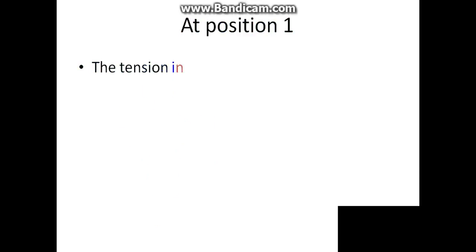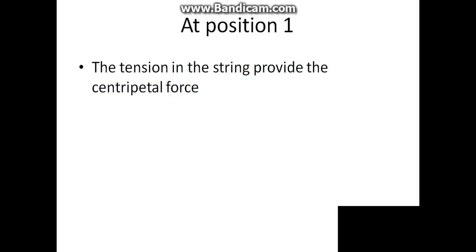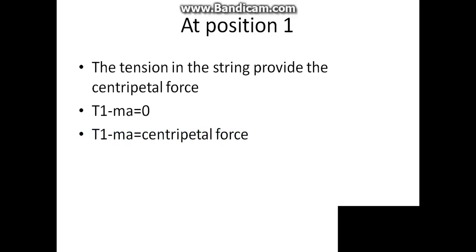At position 1, the tension in the string provides the centripetal force. T1 minus mg is equal to 0. T1 minus mg is equal to the centripetal force. T1 minus mg is equal to mv squared over r. T1 now becomes equal to mv squared over r plus mg.